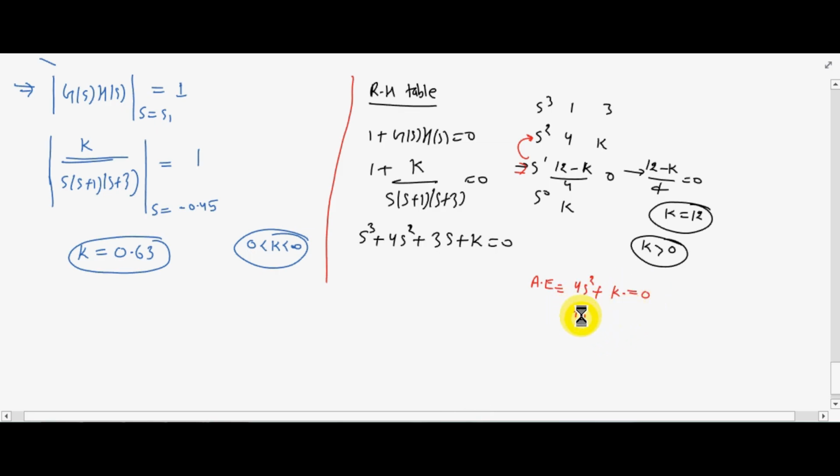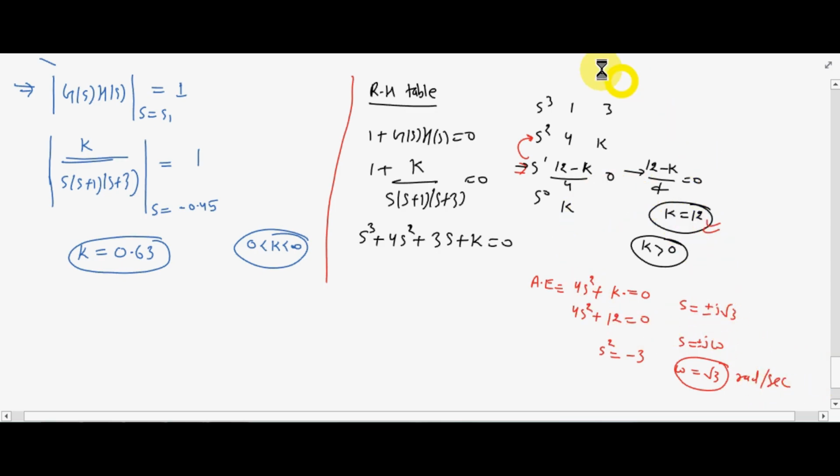What is the value of k? We already calculated that the value of k is 12. With k equal to 12, this will come here. S square is equal to minus 3, so s is equal to plus minus j root 3. We know s is equal to j omega. Comparing plus minus j omega, omega is equal to root 3 radian per second.